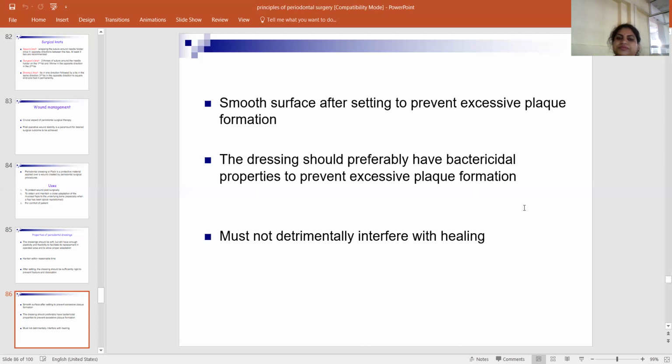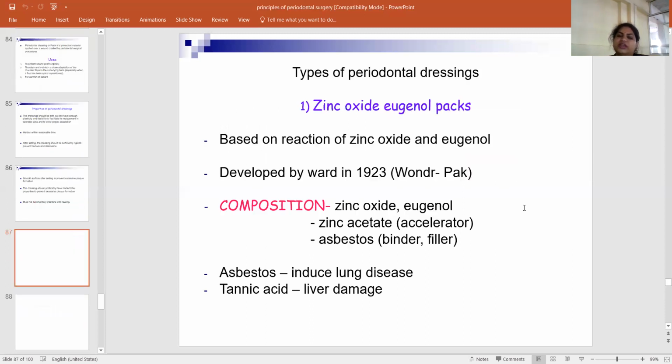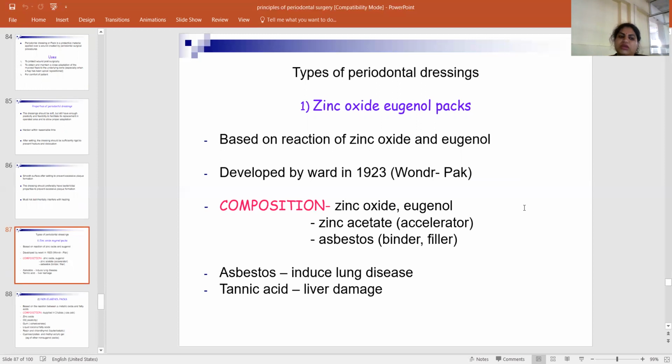So materia alba and all the other oral debris will accumulate on the surface. Because of this bactericidal property, it does not let plaque accumulate. It should not interfere with the healing. This is the prime thing.